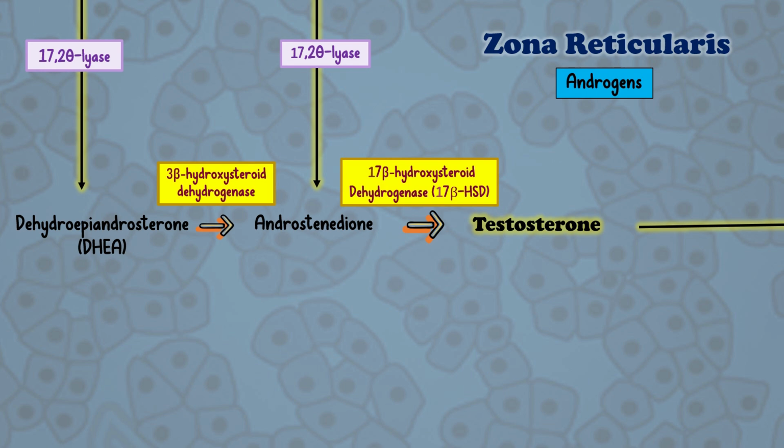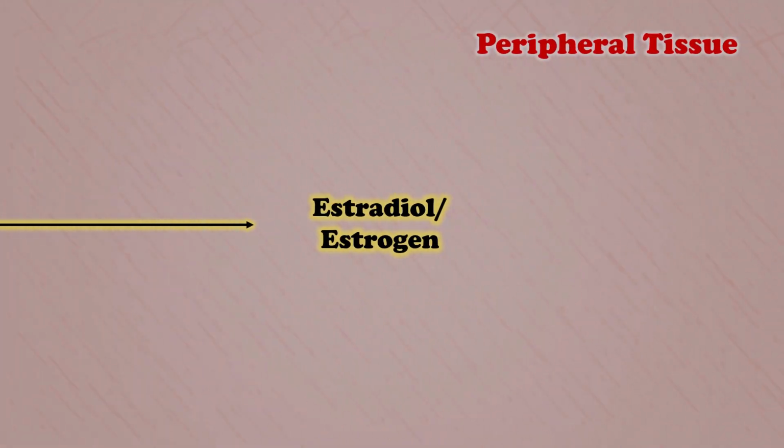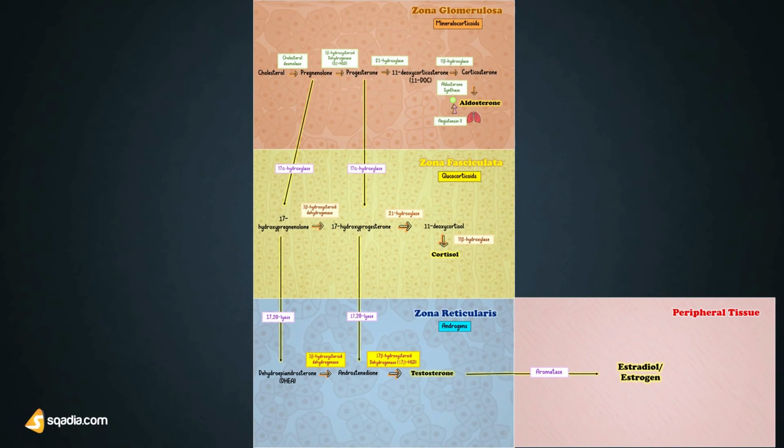Now, in the peripheral tissues, the testosterone turns into estradiol, also called estrogen, with the help of enzyme aromatase. So, that is the overall steroid hormone synthesis pathway, or steroidogenesis. You can take the screenshot, or find the PDF given below in the Resource tab.